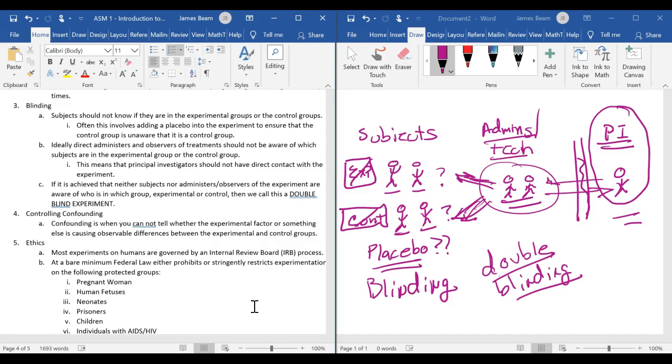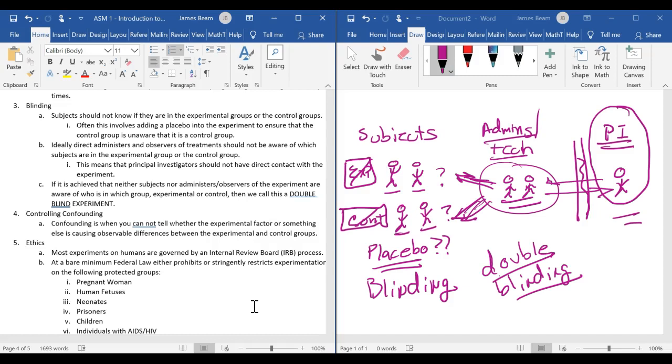I mean, the ideal situation to control confounding is to have twinning. Scientists love to work with matched pairs, or identical twins would be the ideal case. You have each pairing of the identical twin. One is in the experimental group, one is in the control group. That's about as close to a completely controlled experiment on people that you would get.